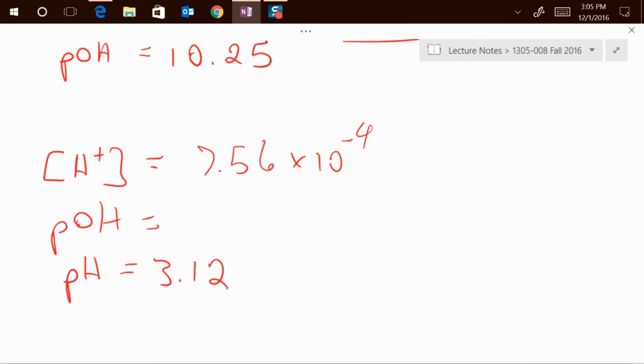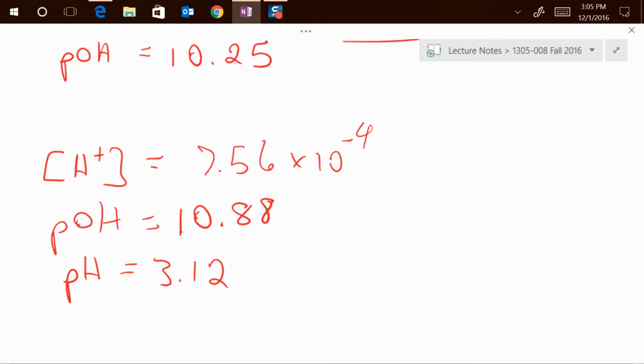And then my pOH is what? You always drop the negative. It's never a negative answer, because you calculate the negative, but you take the negative of the negative, so it's a positive. Okay?